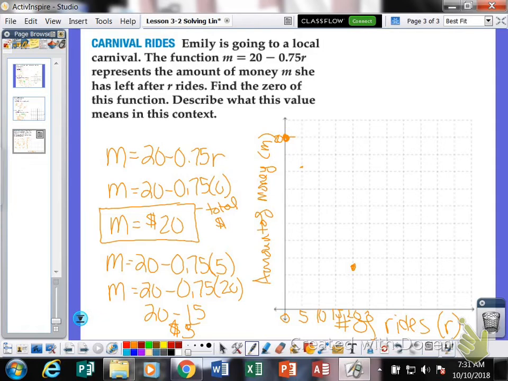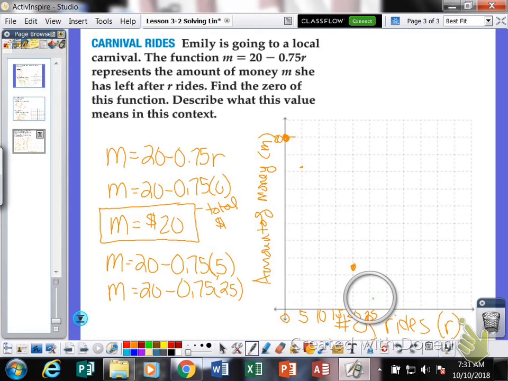Let's try 25 rides. So now if I replace this with 25, I get 25 times 0.75 is 18.75. So 20 minus 18.75 is $1.25 left. So at 25, I have $1.25 left.